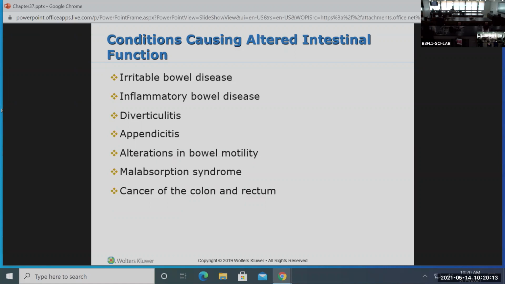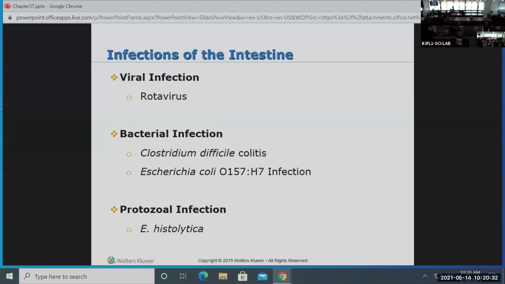Okay, so let's get back. The conditions causing altered intestinal functions, we said all these conditions are important. Number one, infections of the intestine, most common is viral, followed by bacterial.